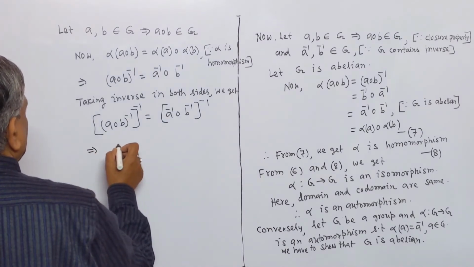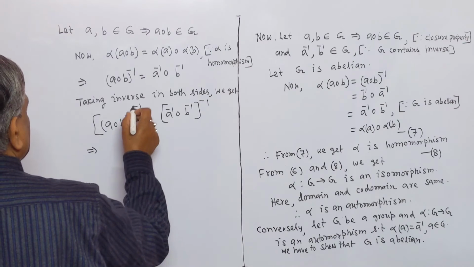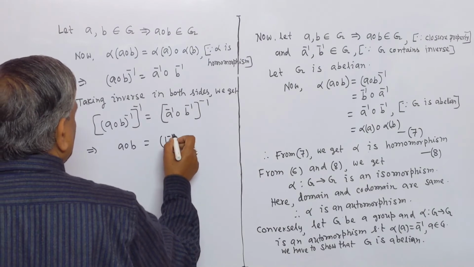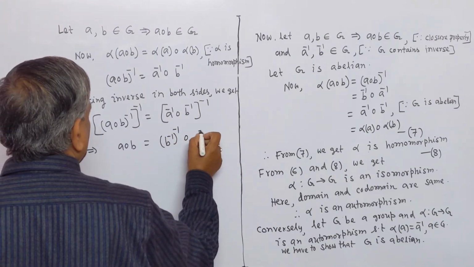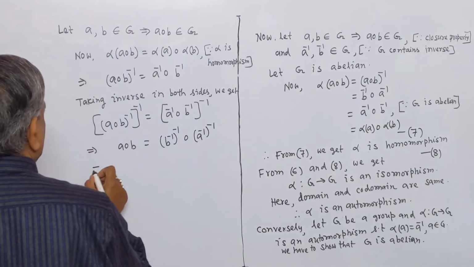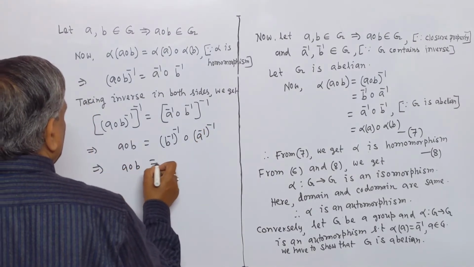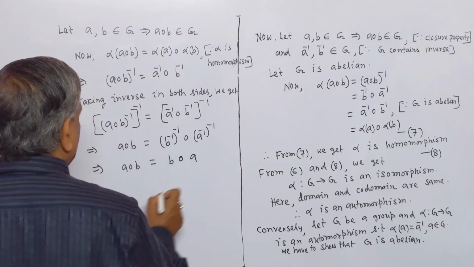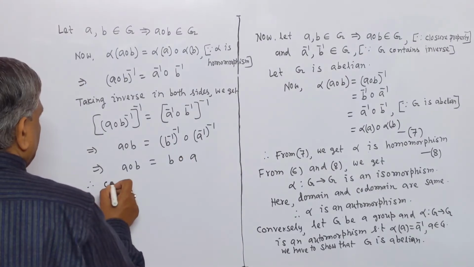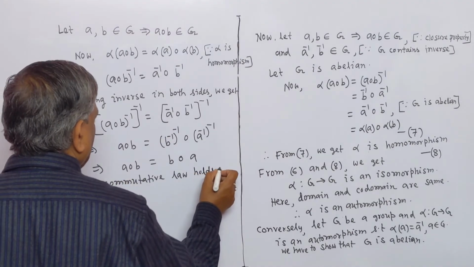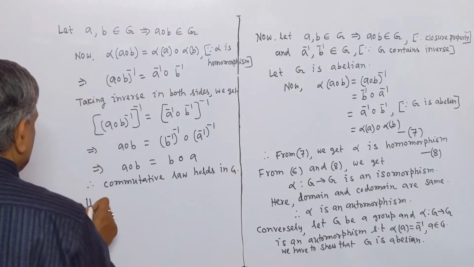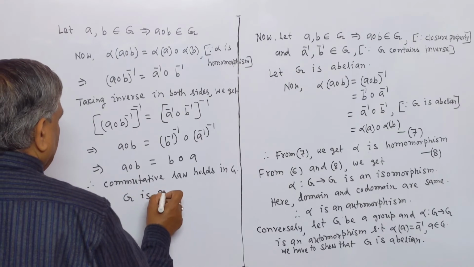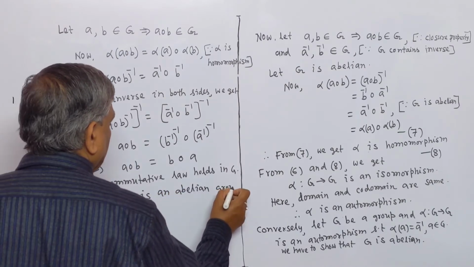This is equal to A operation B, and this means B inverse whole inverse operation A inverse whole inverse, implies that A operation B equal to B operation A. Therefore, the commutative law holds in G. Hence, G is an abelian group. Proved.